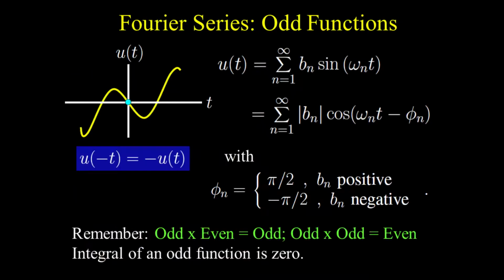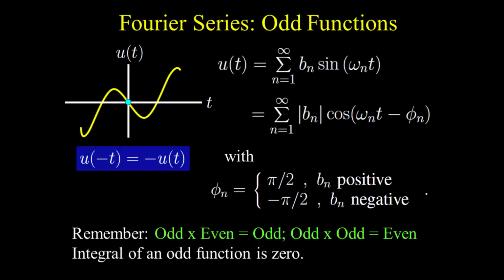The computation of these coefficients can be simplified if the time function is odd or even, by using the fact that the integral of an odd function between symmetric limits is 0, and the integral of an even function between such limits is equal to twice the value of the integral between t equals 0 and the upper limit.